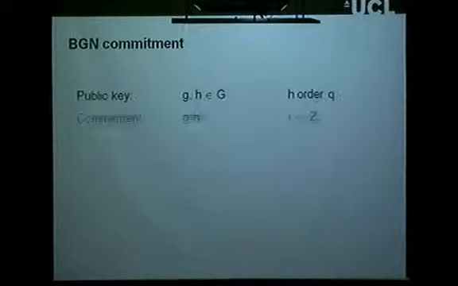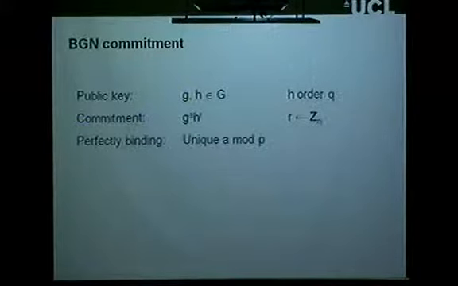Okay, now first let me just change terminology and call this a commitment instead, but it's the same kind of scheme. We commit to a message a by taking g to the a and h to the r. And I'm just after the perfectly binding property, that a commitment defines a unique a modulo p. And the reason is that h has order q, so h can randomize things happening in the order q subgroup, but it cannot influence what happens in the order p subgroup.